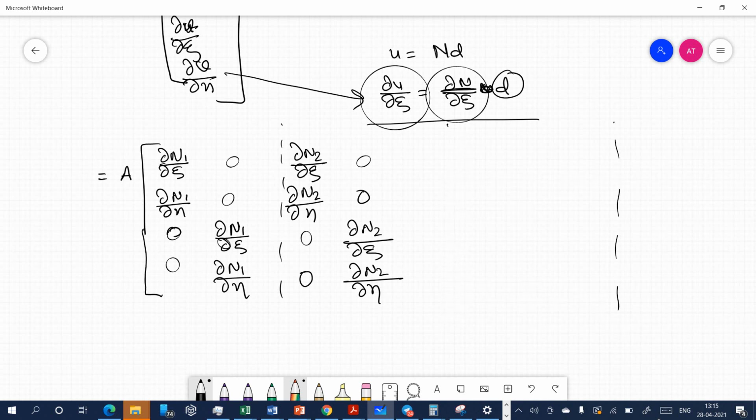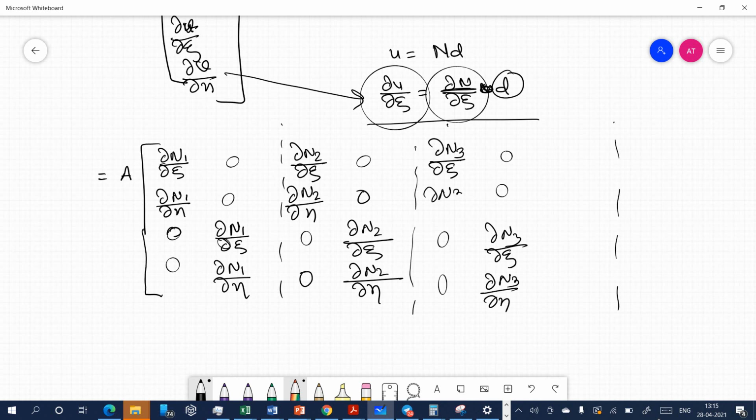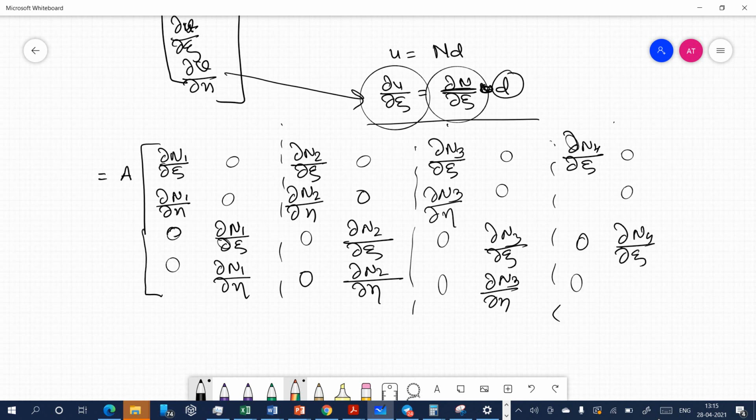And then you simply write it for shape function 3: del N3 by del zeta, 0, 0, 0, 0, del N3 by del zeta, del N3 by del eta, del N3 by del eta, and then you write it finally for shape function 4: del N4 by del zeta, 0, 0, 0, 0, del N4 by del zeta, del N4 by del eta, del N4 by del eta.